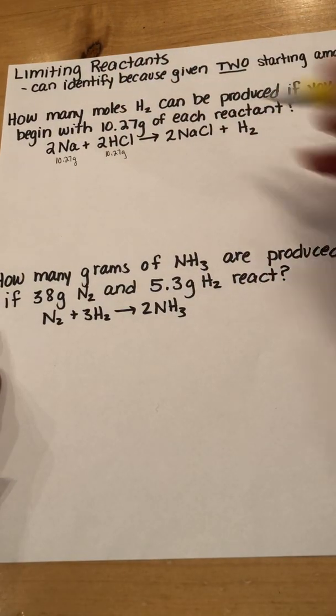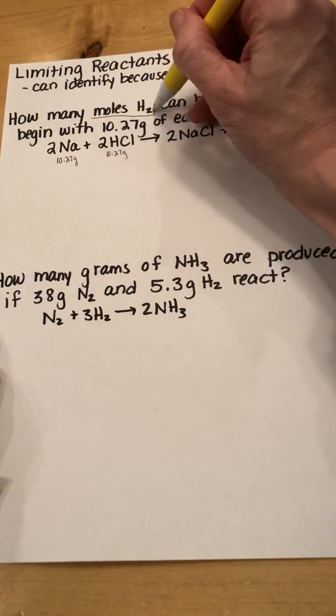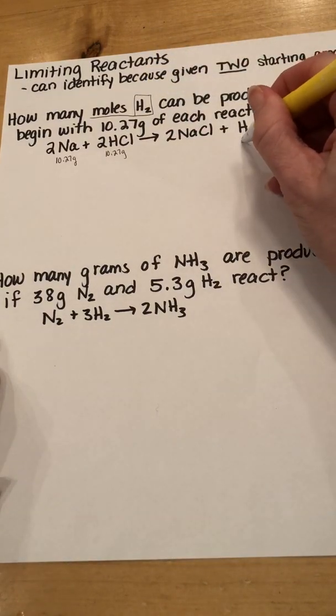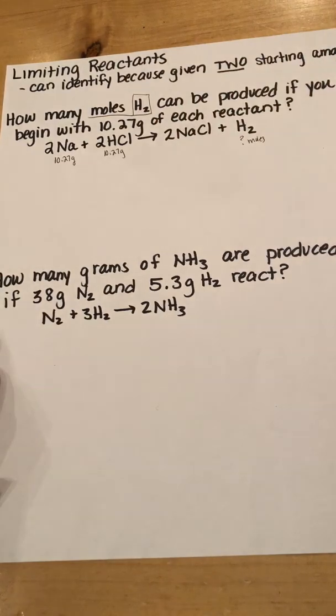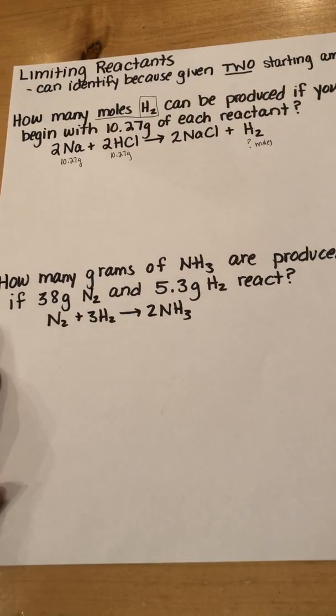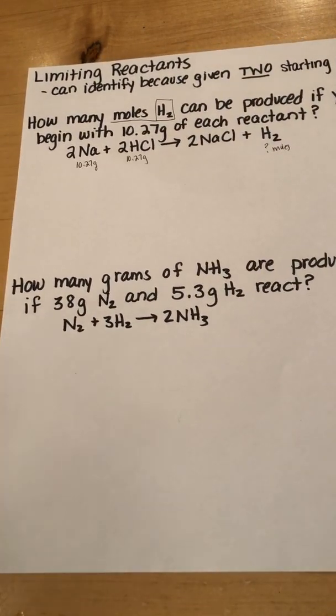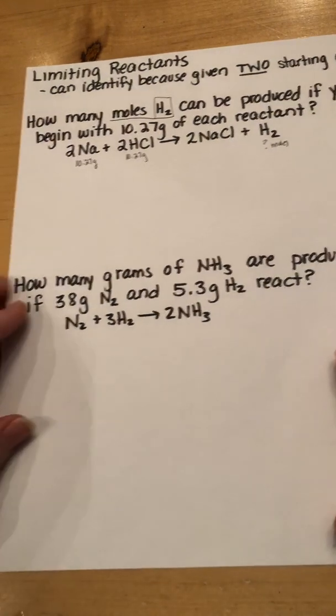And my question asks, how many moles of hydrogen can be produced if I start with that many grams of each reactant? Okay, so the way that we approach these is just like hopefully how it would seem: since you have two starting amounts as opposed to just one like we've looked at previously, you're going to do this problem twice, with each of the amounts that's given.